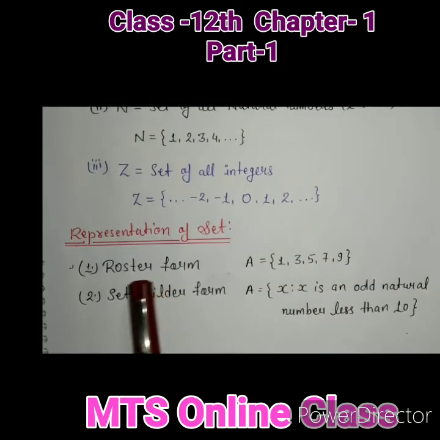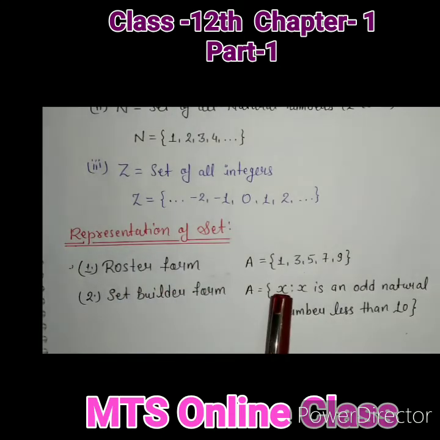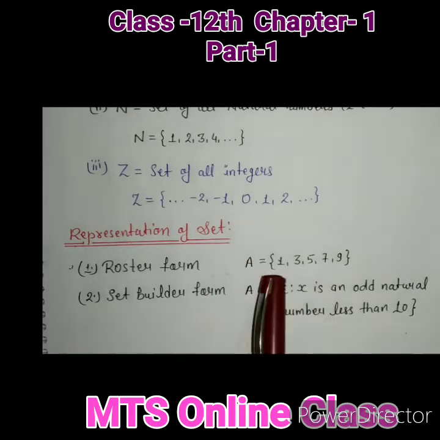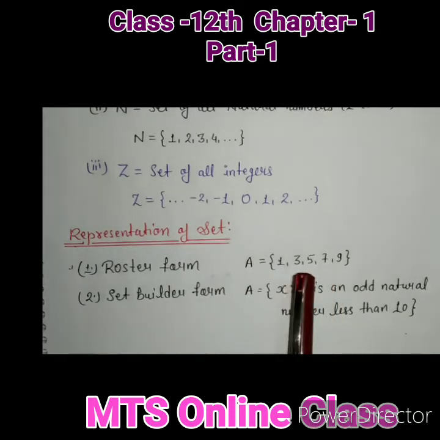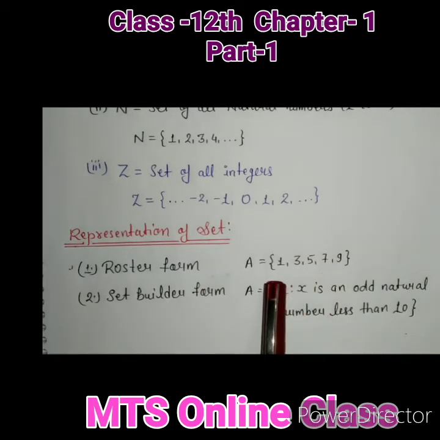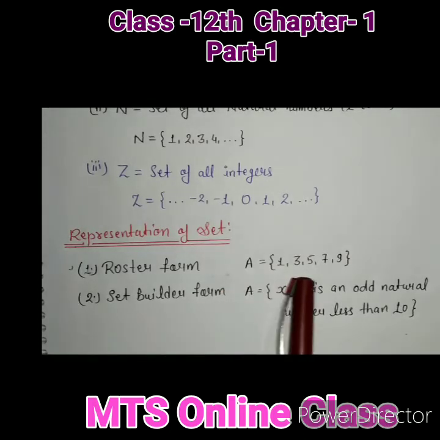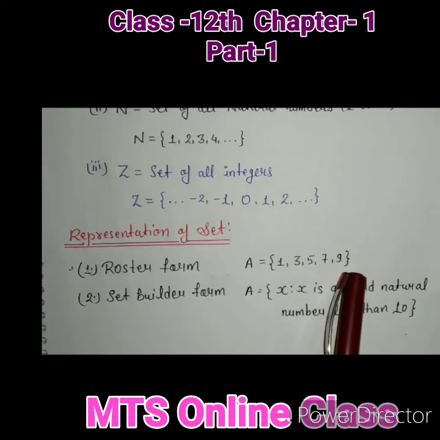In roster form, all the elements of the set are listed, separated by commas and enclosed within brackets. For example, A is equal to {1, 3, 5, 7, 9}.